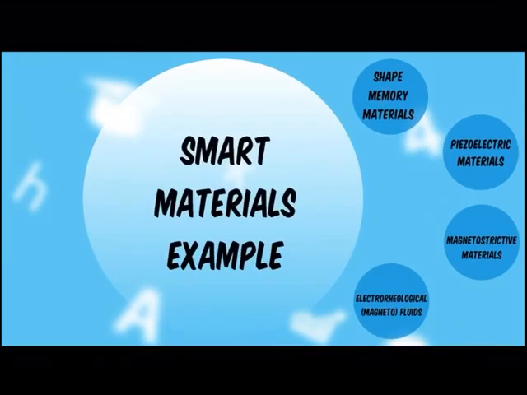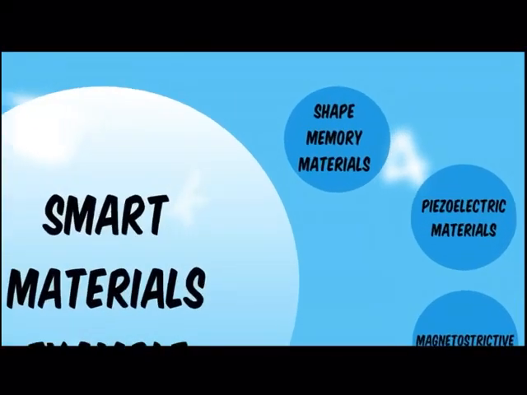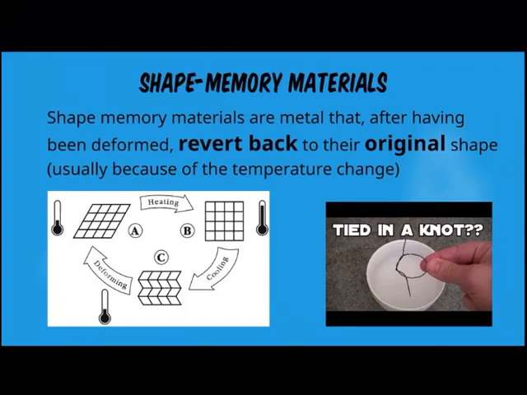And then what else do we have? Examples here. Throughout the courses, I will provide more and more examples, but you can observe here. We have shape memory materials. This example is nitinol, a nickel and titanium alloy.